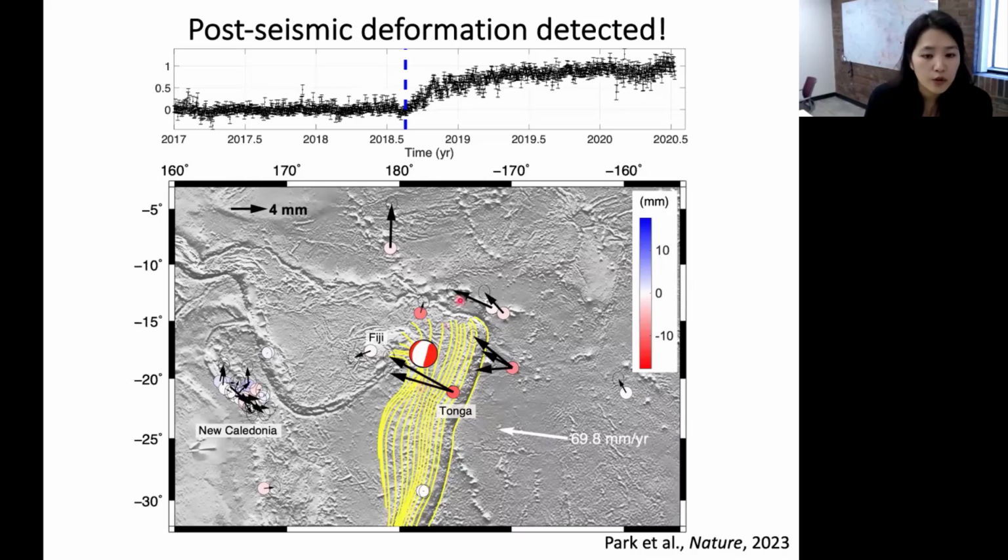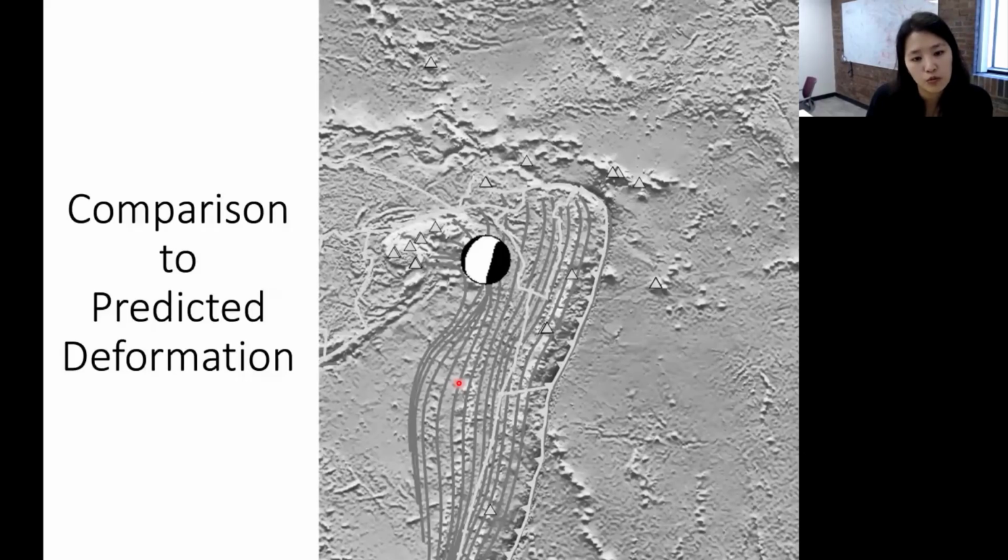And by the way, the yellow lines here are basically marking the slab depth contours. And now that we have this observation, we can go ahead and actually compare with some prediction or modeling to learn something about the mantle viscosity.